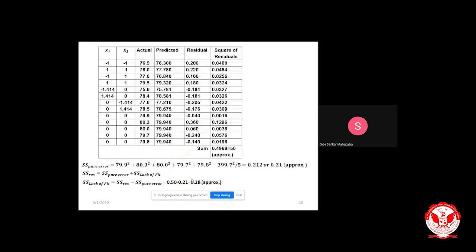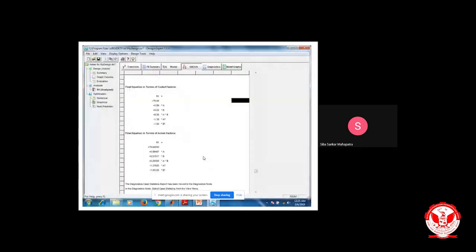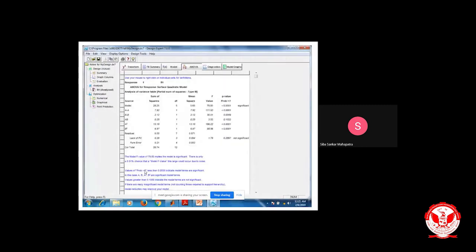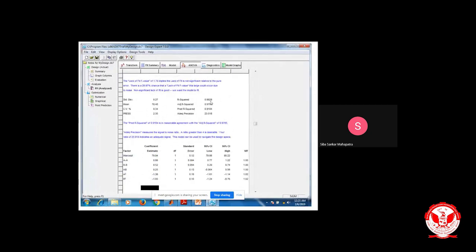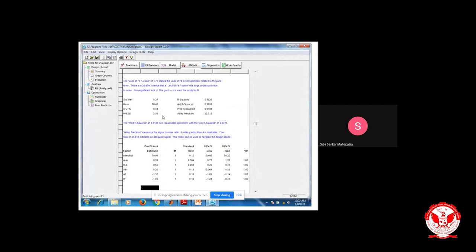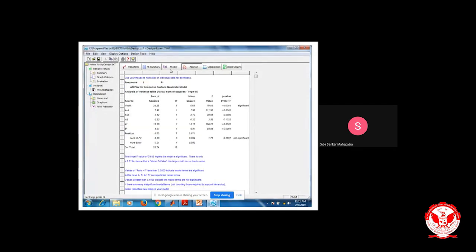The sum of squares for the model is 28.25 and the sum of squares for the residual is 0.50.